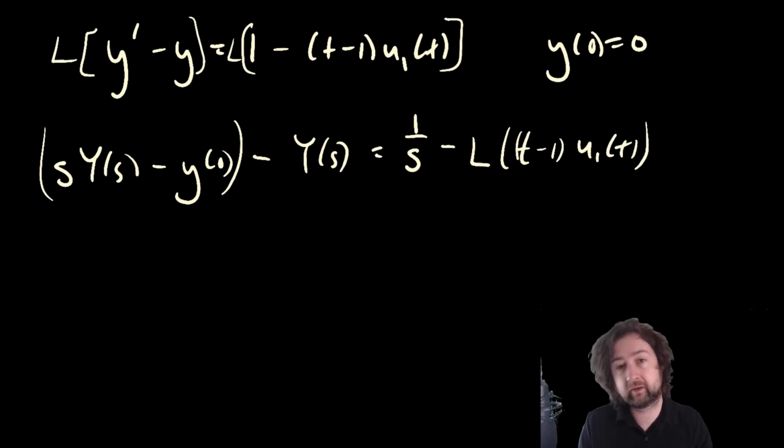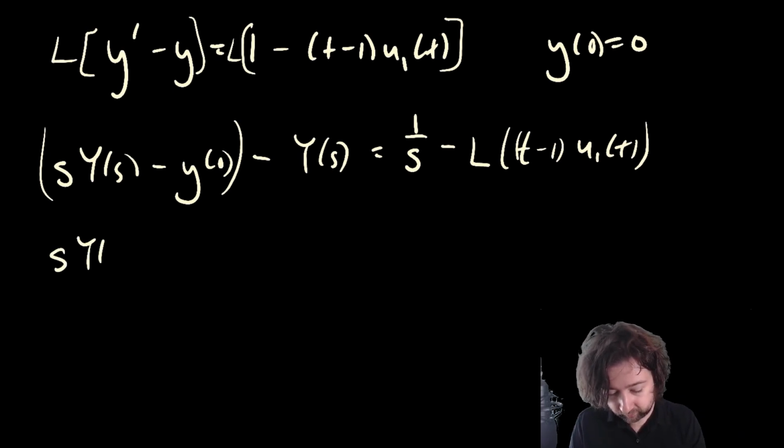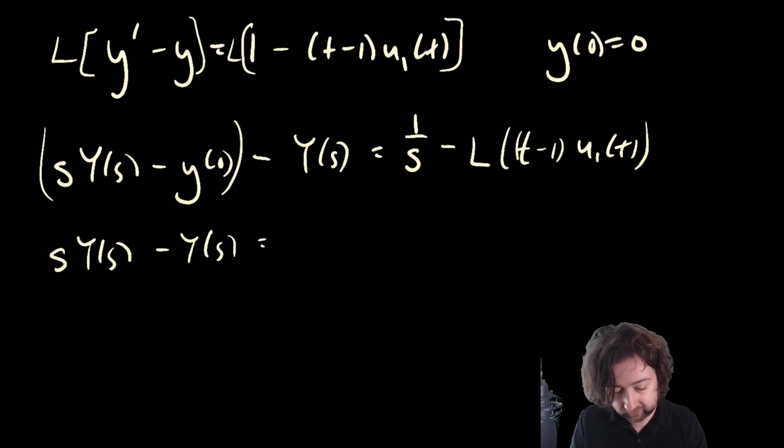Well, we saw that in an earlier problem. So we get s Y of s, and y of 0 was 0, so that disappears, minus capital Y of s is equal to 1 over s. And then the Laplace transform of this is going to be e to the minus s times 1 over s squared.